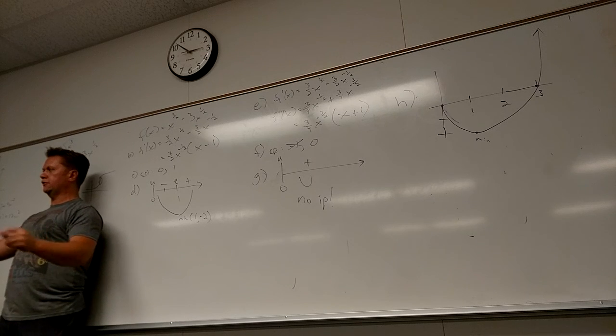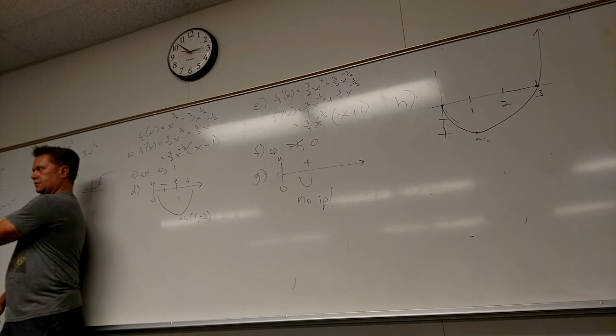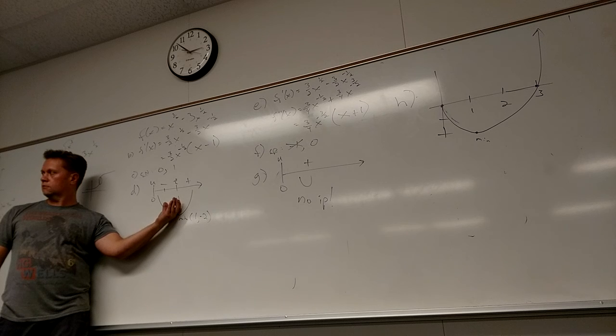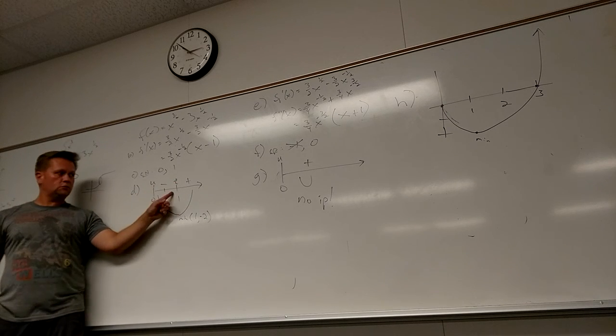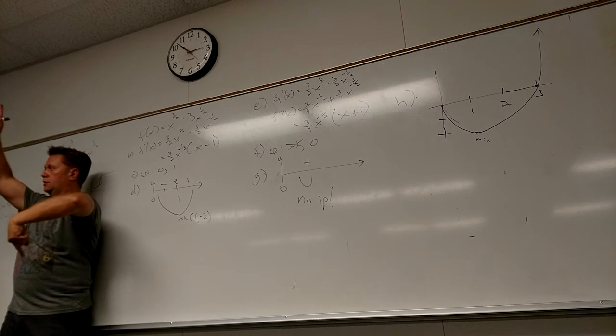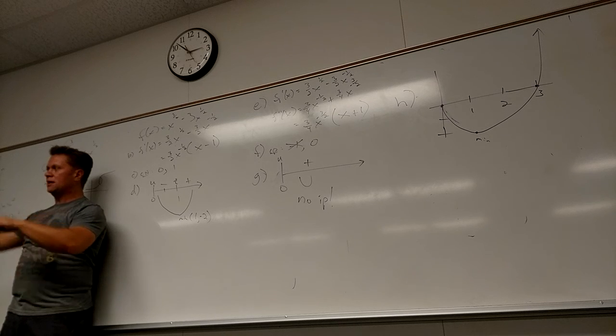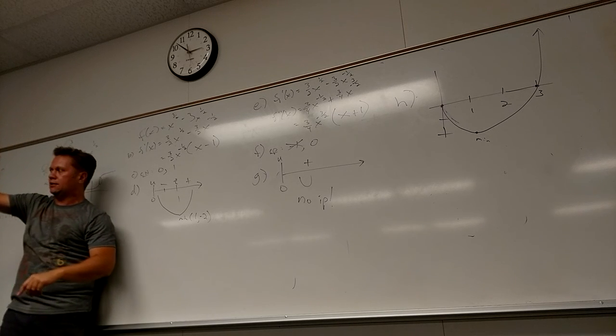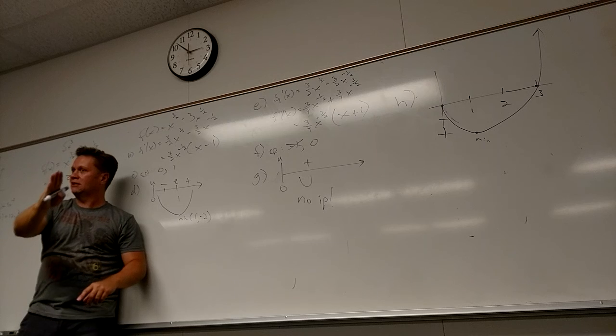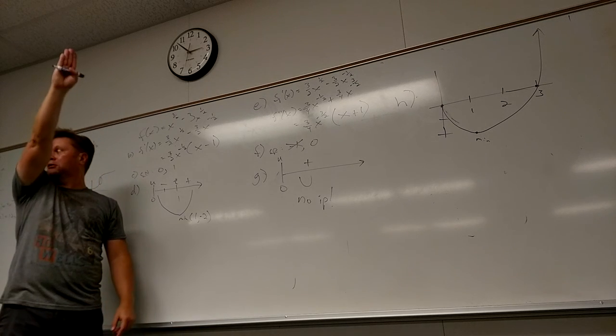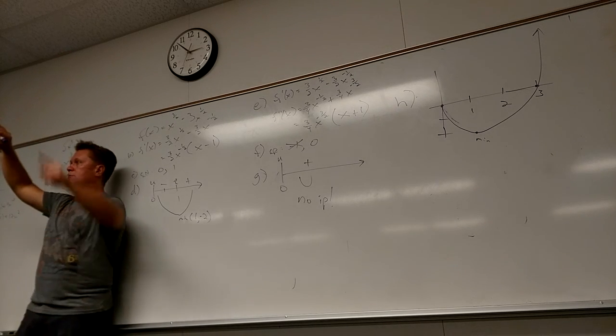So positive second derivative means it looks like this. Not that it's always going up. This would tell me if it's going up or going down. A positive second derivative means it's going down less and less, or going up more and more. It doesn't mean it has to be going up.